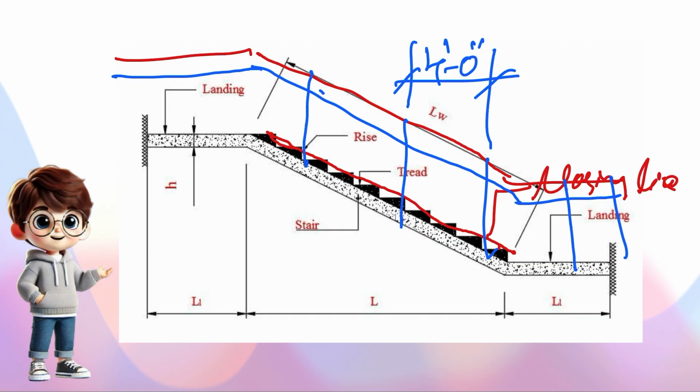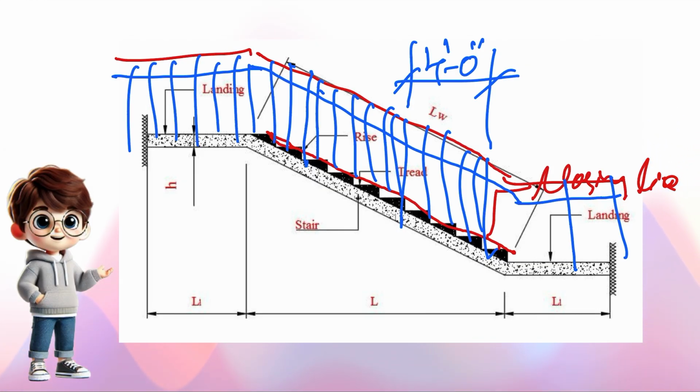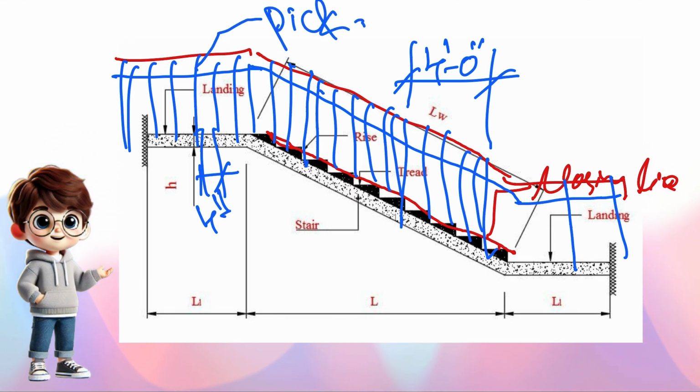And now for rails there will be small vertical rods like this, right? So the inside to inside clear dimension between these rods will be 4 inch maximum. These rods we call pickets.